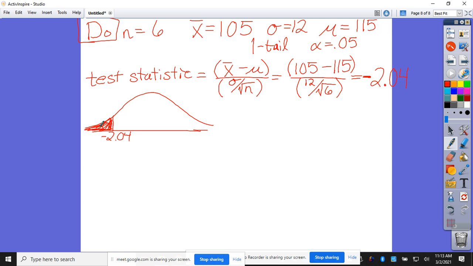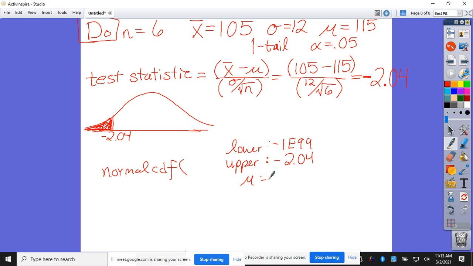For the sake of using the calculator or practice, second distribution, normal CDF. It says your lower bound right now is negative 1E99, which means really far negative. What are we going to put as our upper? Negative 2.04. We still want our mu to be 0.